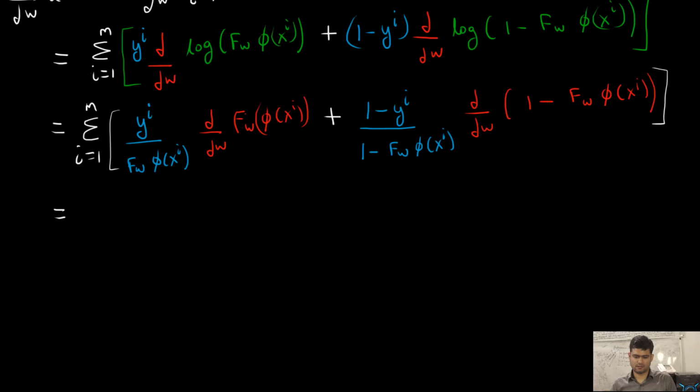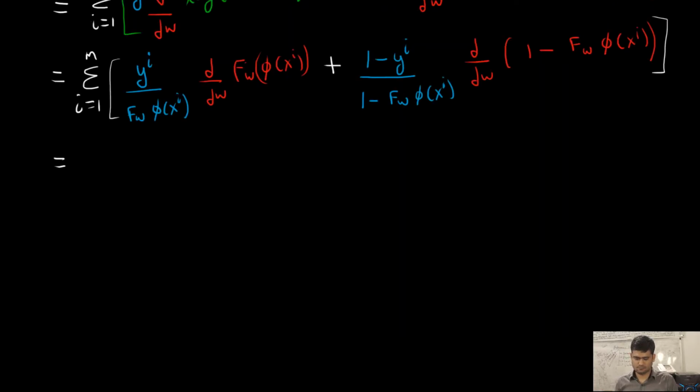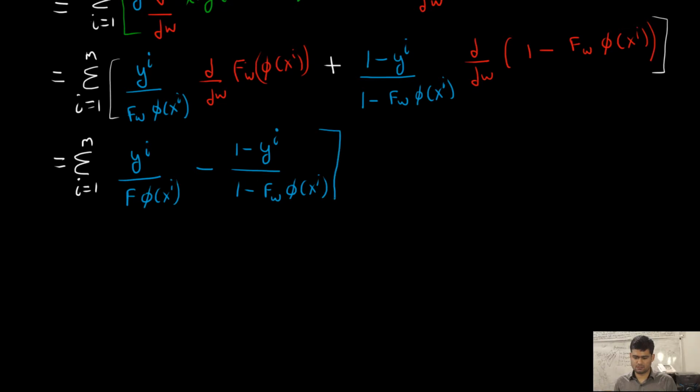So this becomes the sum over all i equal to 1 to n of y_i over f_w phi of x_i times the derivative of f. For the other term, the constant's derivative is 0, and we take the derivative with respect to the remaining term, so this becomes 1 minus y_i over 1 minus f_w phi of x_i times the derivative of f.